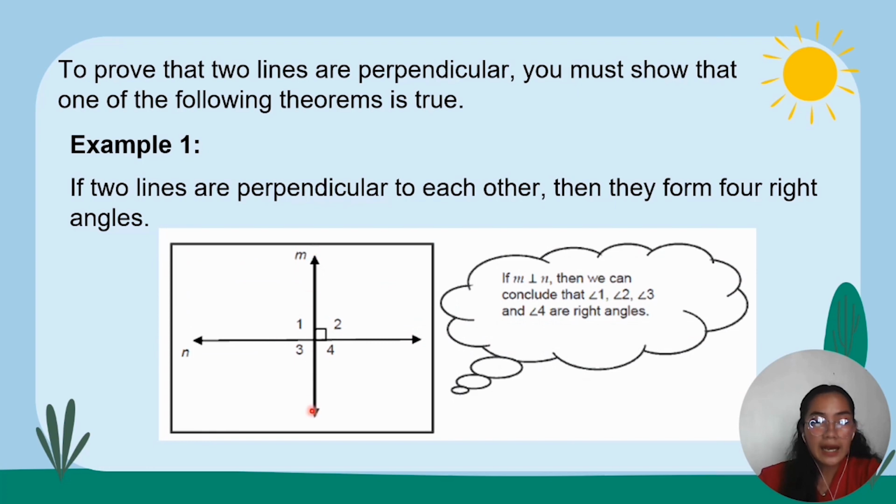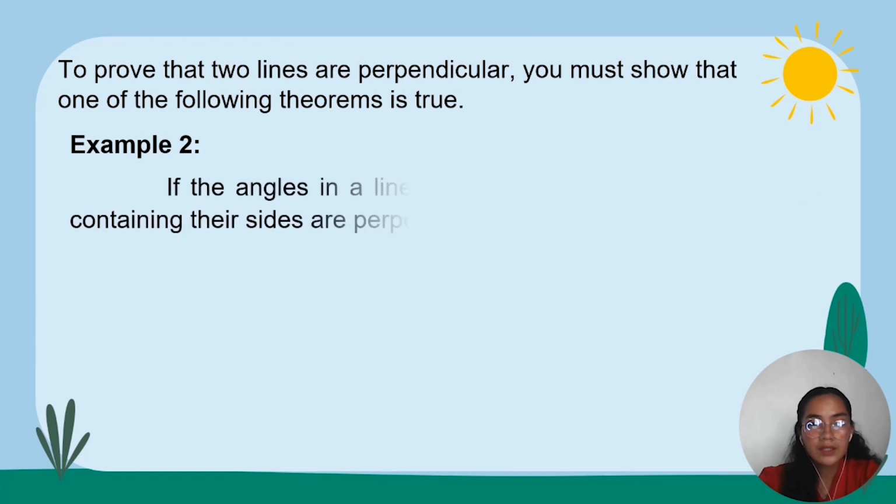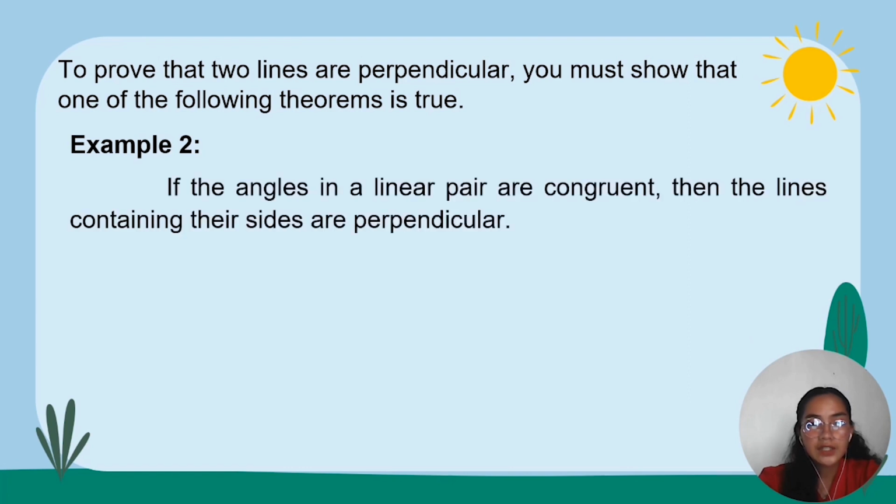If line M is perpendicular to line N, we can conclude that angle 1, angle 2, angle 3, and angle 4 are right angles. Next, second example: if the angles in a linear pair are congruent, then the lines containing their sides are perpendicular.